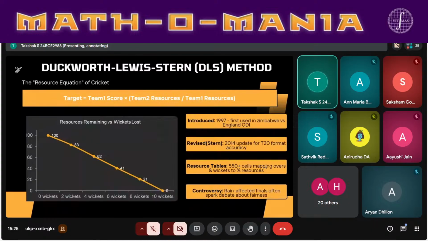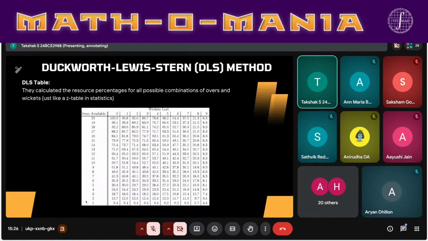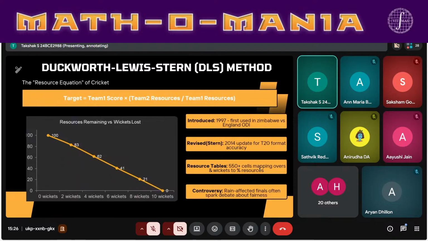The resource tables that underpin the entire DLS system contain only 550 entries for ODI, and for T20 it's less than that. This is the table I mentioned, and each cell represents a specific combination of overs remaining and wickets lost, and gives the percentage of a team's total scoring resources that remain in that state.